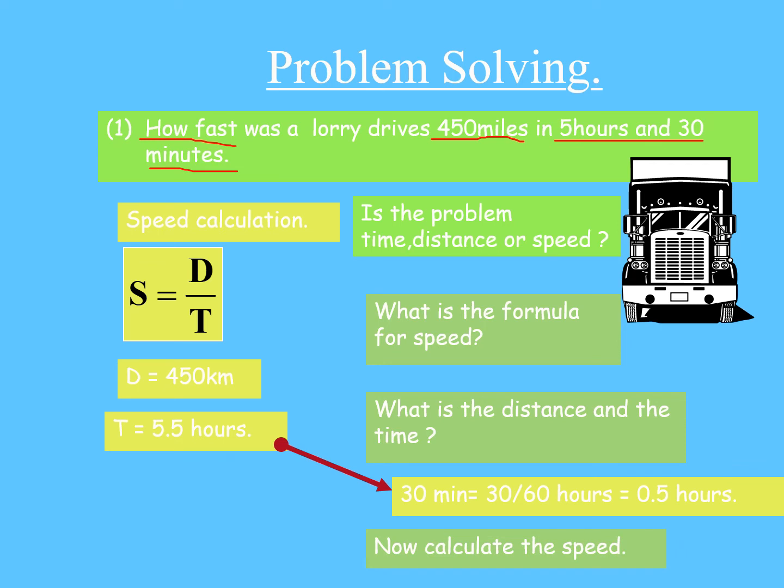If we calculate speed, we'll have an answer of 81.8 kilometers per hour, because the unit of our distance is kilometer and the unit of our time is hours. So the unit of our speed is kilometers per hour.